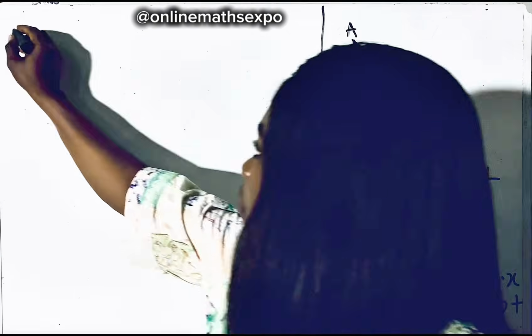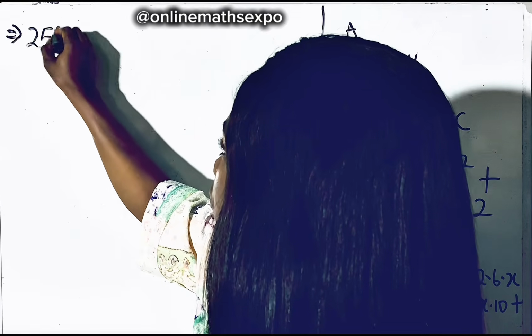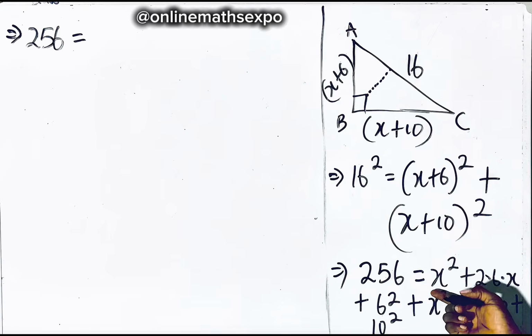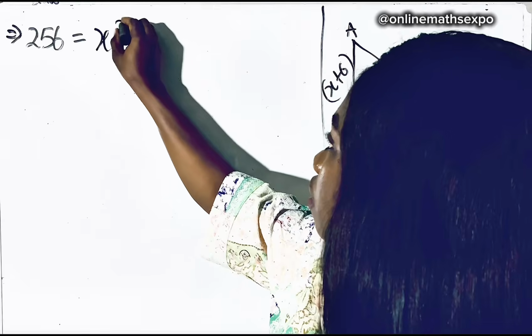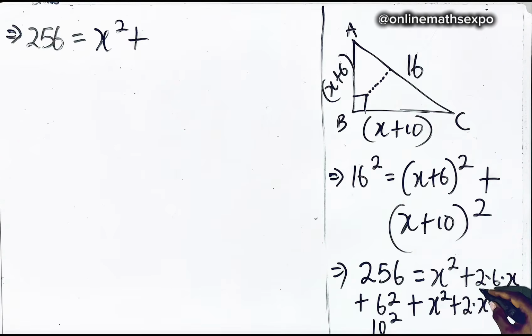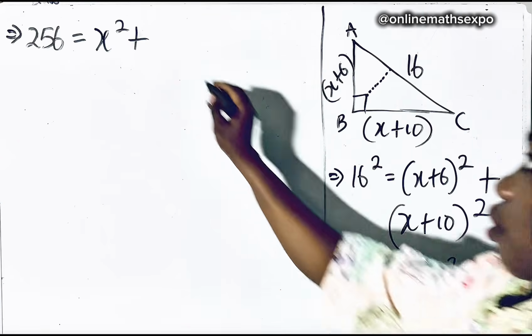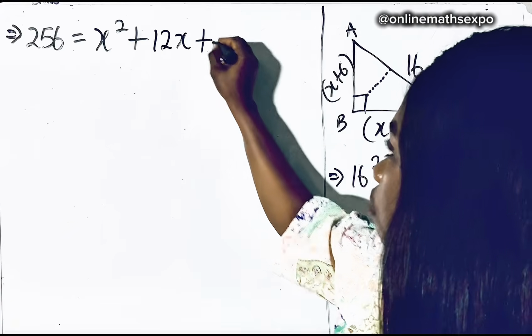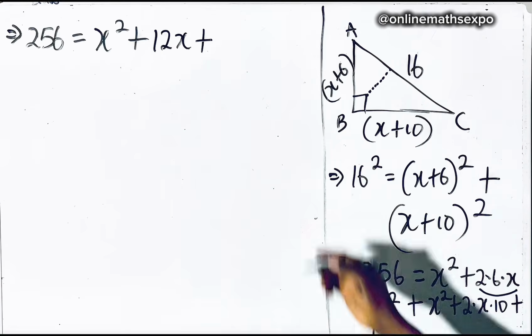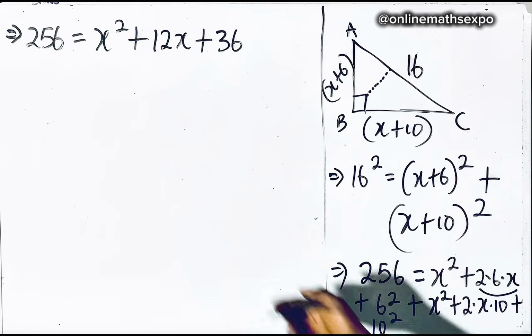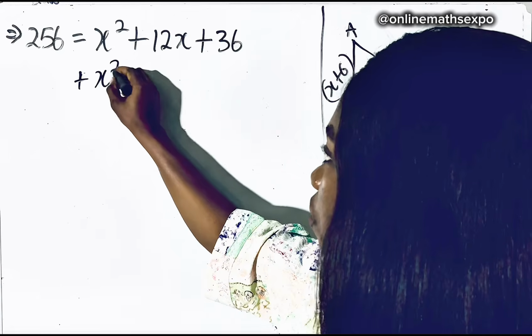This gives us 256 is equal to x squared plus, for this we multiply, and that will give us 12x, plus 6 squared will give us 36, plus x squared. So we have x squared.